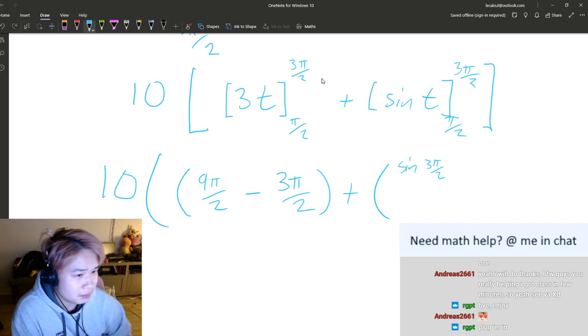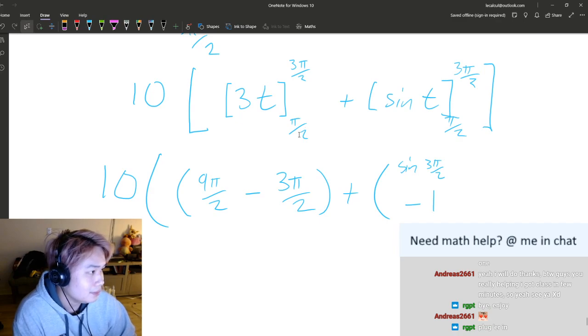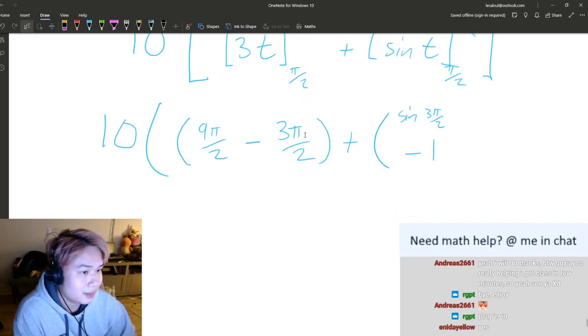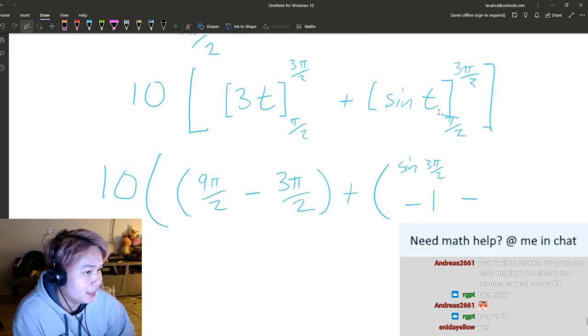What is this, -1? I can't think of angles right now. And then we subtract from that sine of pi over 2, which I think is also just 1.